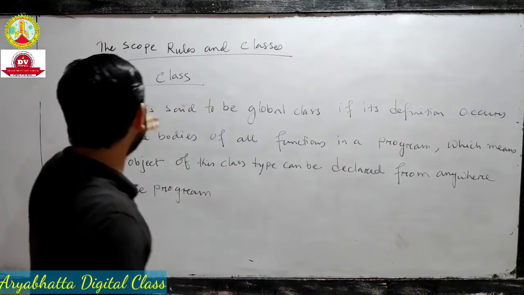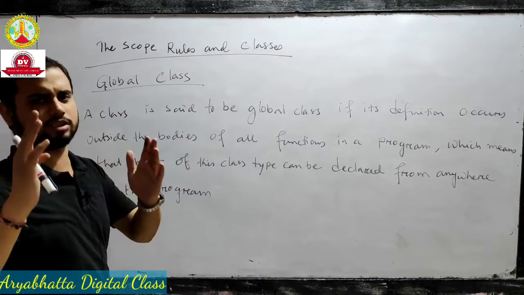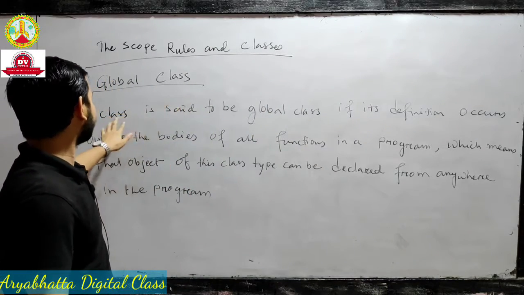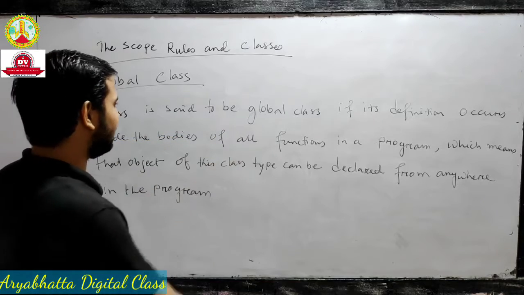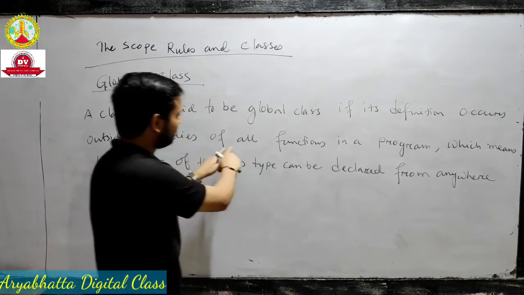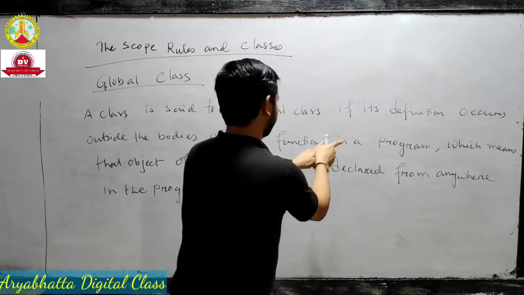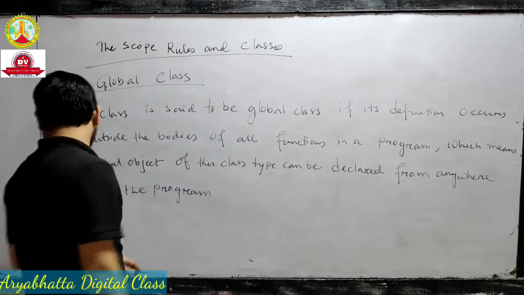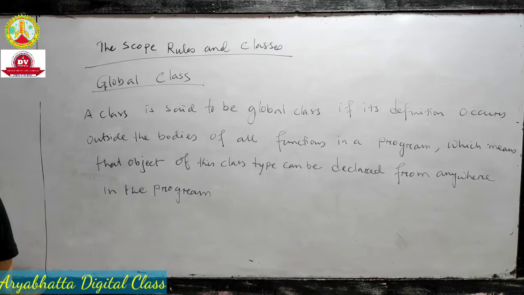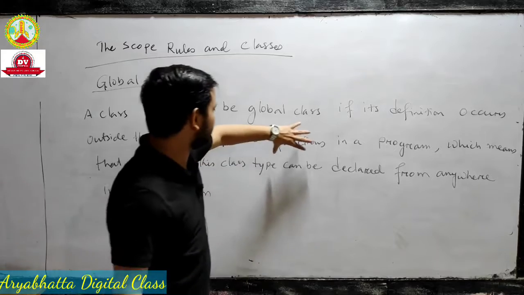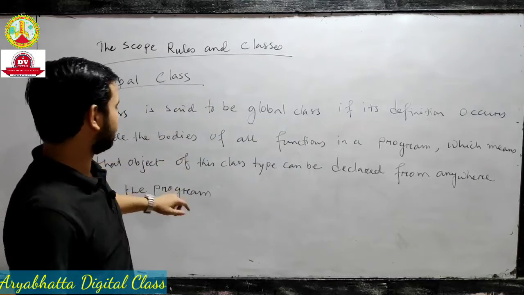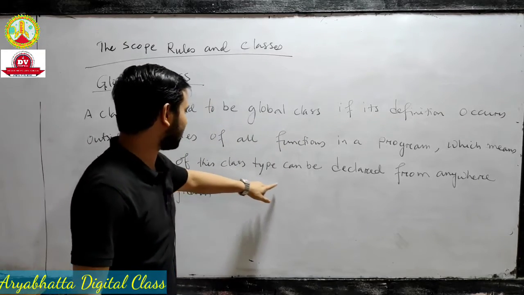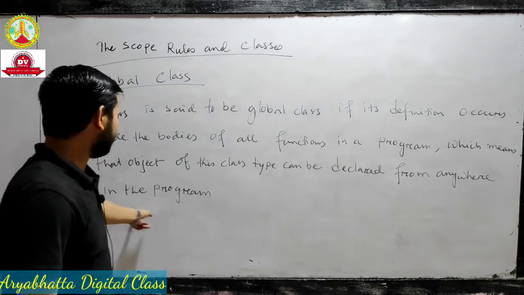It is a similar concept for class. That's why a class is said to be global class if its definition occurs outside the bodies of all functions in a program. Bodies of all functions means the member functions, and it is called global, which means that objects of this class type can be declared from anywhere in the program.